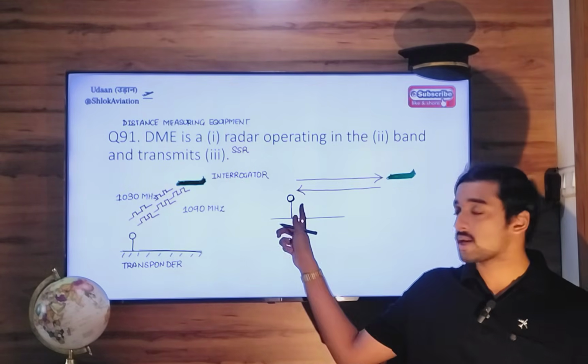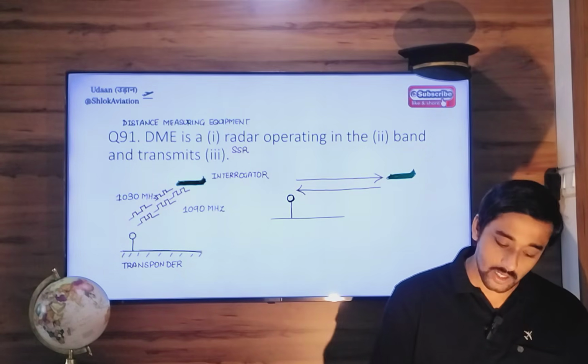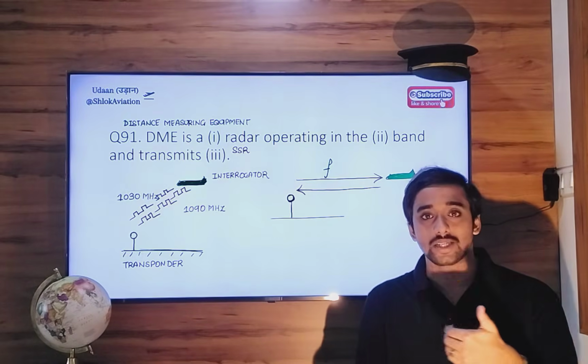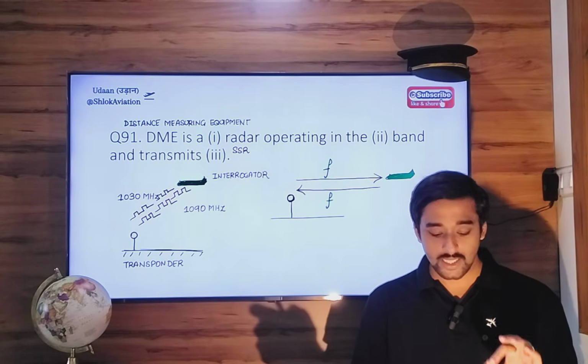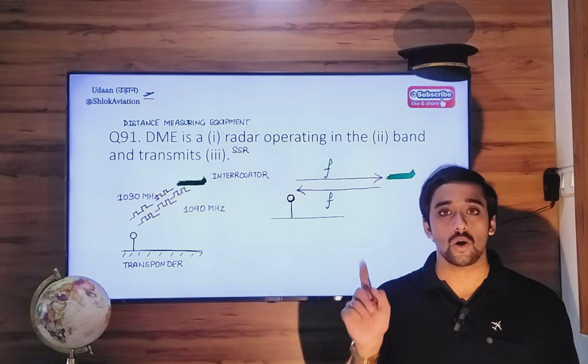So the primary radar will transmit these radio pulses at a particular frequency f. These pulses will strike the aircraft and return at the same frequency f. So you can see here only one frequency is used throughout the operation.